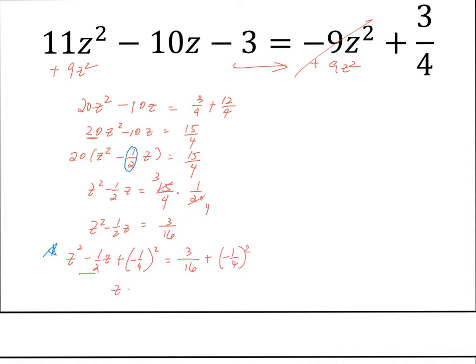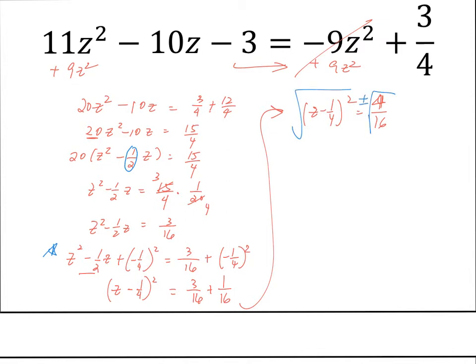So this would be z minus 1/4 squared. So this would be 4/16. And then we could square both sides. And they happen to be perfect squares in both the numerator and the denominator.